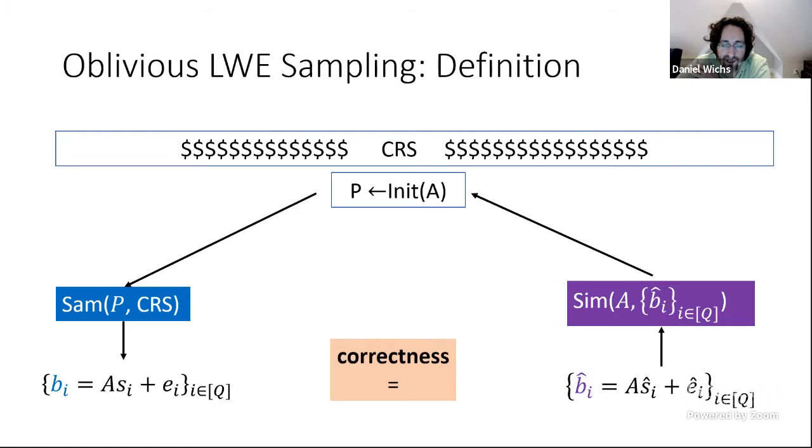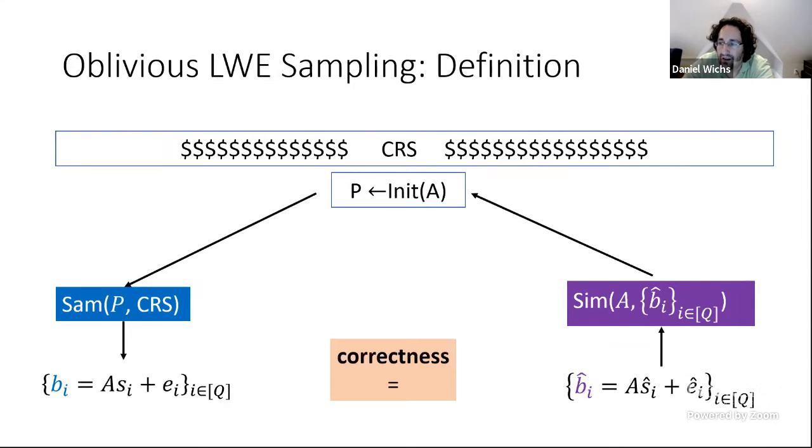And the correctness says that when the simulator does that, the sampler outputs the values that the simulator tried to hit. So essentially, the simulator can program CRS and P to make the sampler output these values that it gets as input. And notice the simulator doesn't know the S sub I hat. So it's not even sure that they're real LWE samples, but it has to cause the sampler to output them.